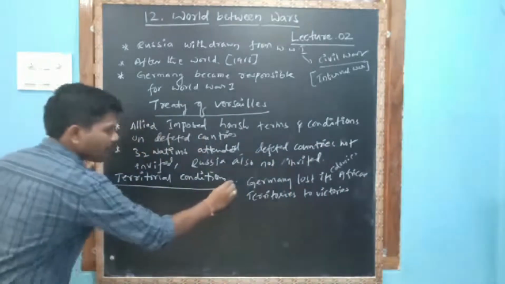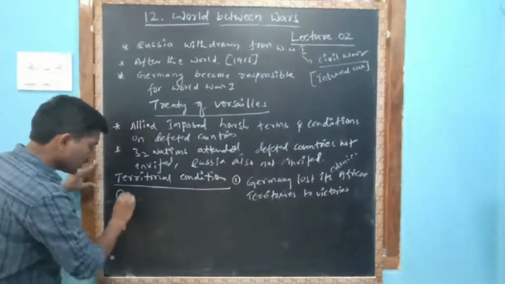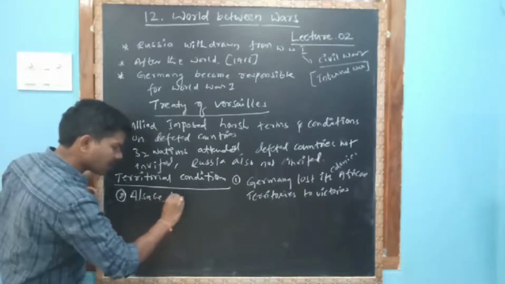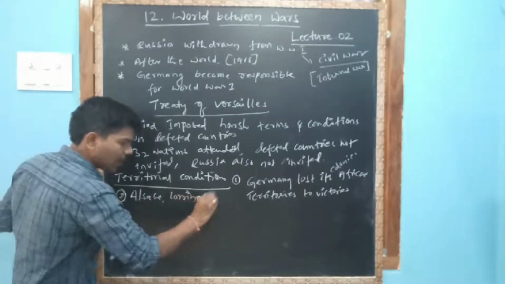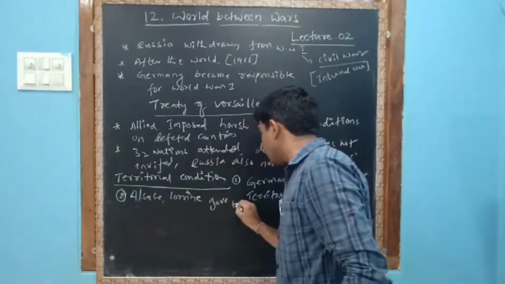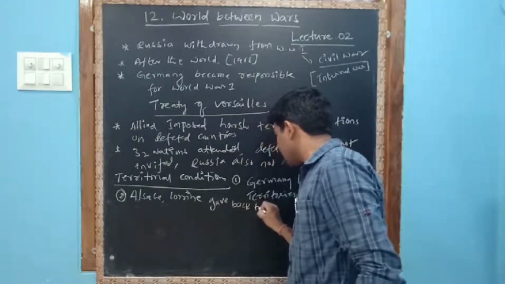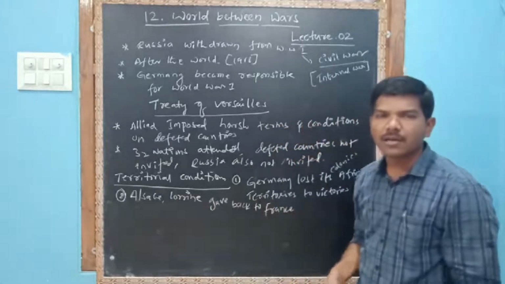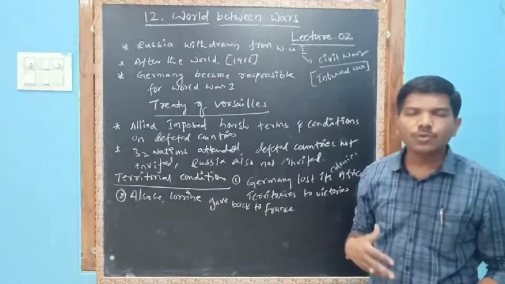Next, the second point: Alsace-Lorraine was given back to France. Sir, what was this Alsace-Lorraine? We have to go back in history.